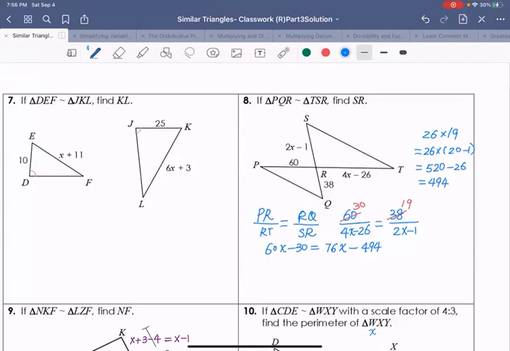Okay. So 16x is equal to 464. So we divide it. Go ahead. X is equal to 29. You did it by mental math?